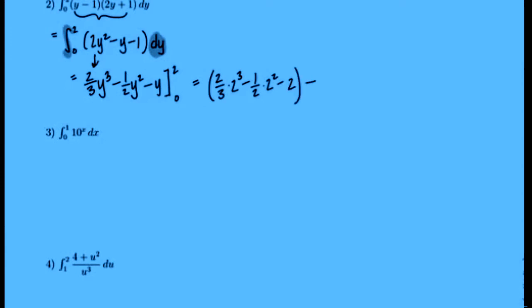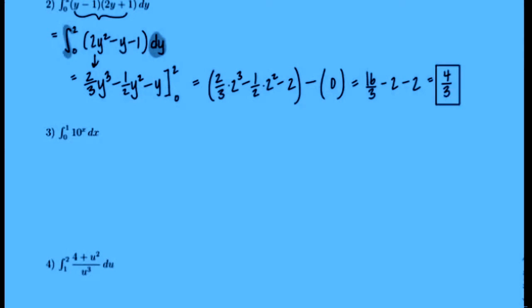It is minus, and then if I substitute in 0, I get 0 for all of the terms. So I am going to be left with 16 over 3 minus 1 over 2 times 2 squared, which is 2, minus 2. So that is going to be 16 over 3 minus 6 over 3 minus 6 over 3. So I am just left with 4 over 3.